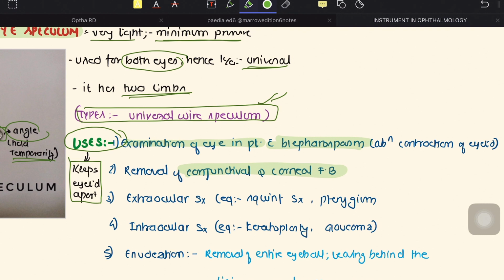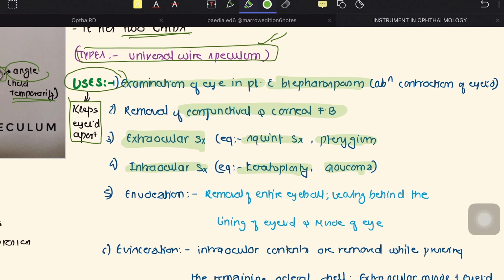Third, as we are opening the eye very nicely, we can perform extraocular surgery. So this instrument is also useful for exposing the eye during extraocular surgery like squint surgery and pterygium surgery. It is also used for intraocular surgery like glaucoma surgery and keratoplasty operations. Besides that, it is also used for destructive procedures in the eye like enucleation and evisceration.